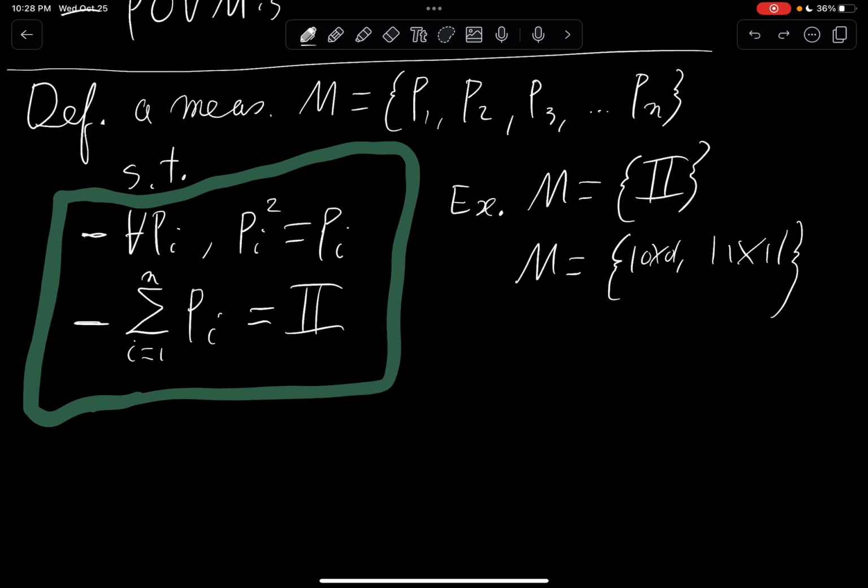Now, let's look at these two conditions. Why will we have the top condition?